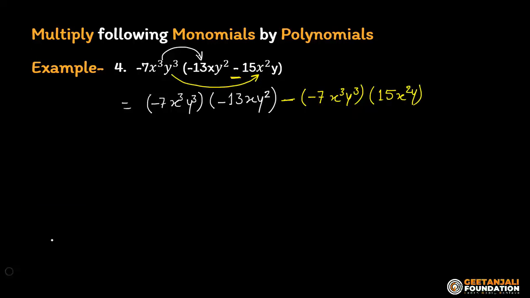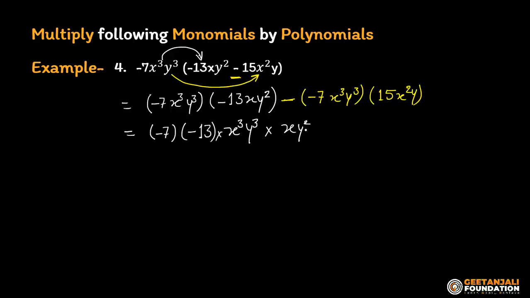In the second step, you can see in this term, when you have to multiply these two, you can apply the rules for multiplying monomials. So we will first separate their constants. So I'll take minus 7 because we take constants along with their sign, and minus 13 from here. And then we will write its variables. So here it is x cubed, y cubed times xy squared.